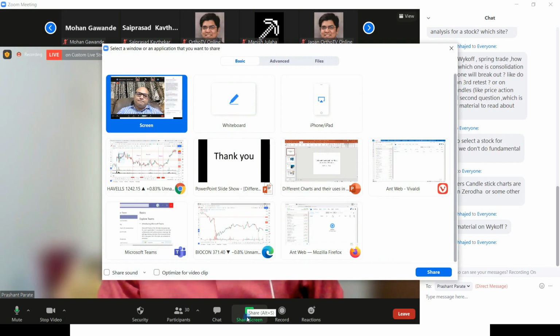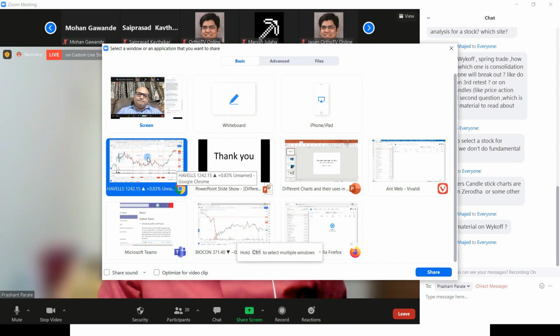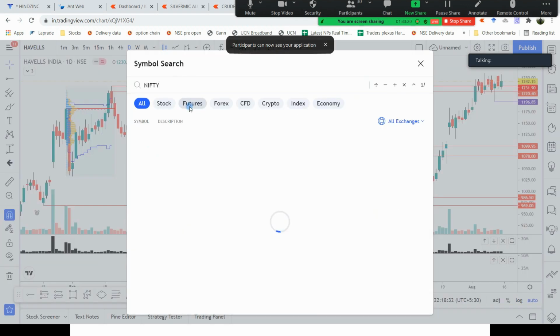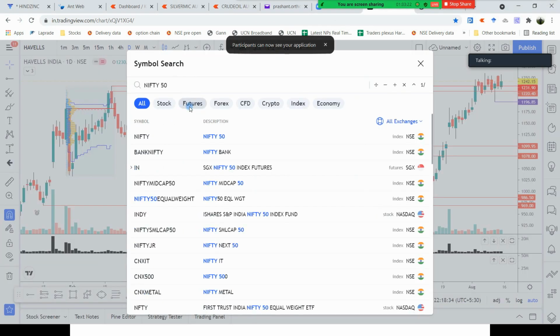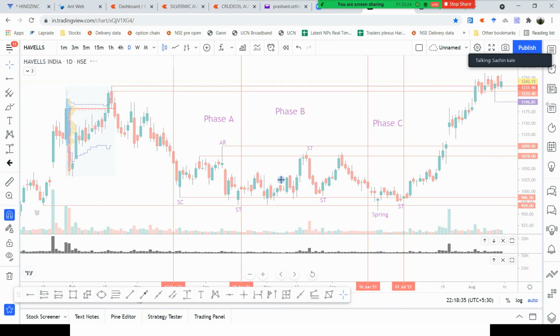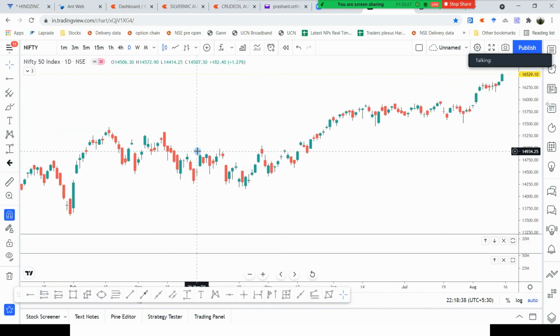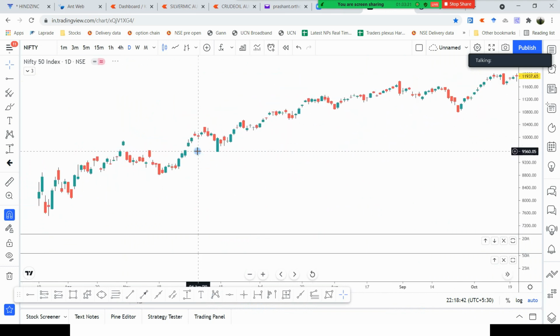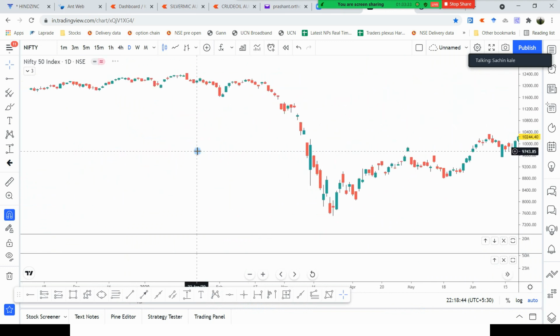Yeah, there are always indications of trend reversal. This is a chart of Nifty 50. Daily basis, right, Prashant?